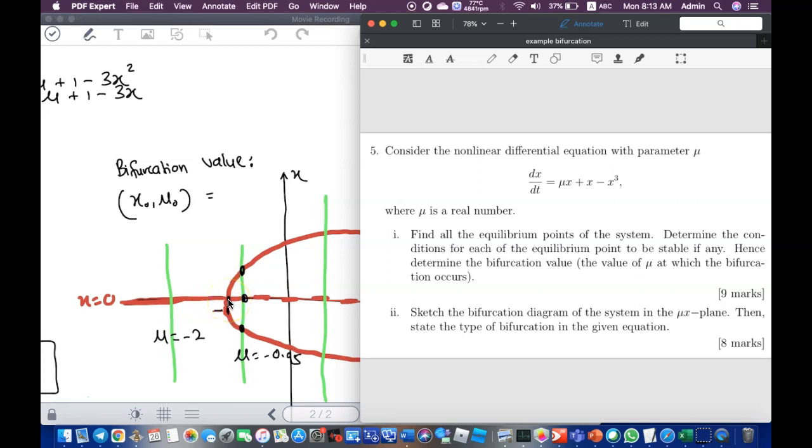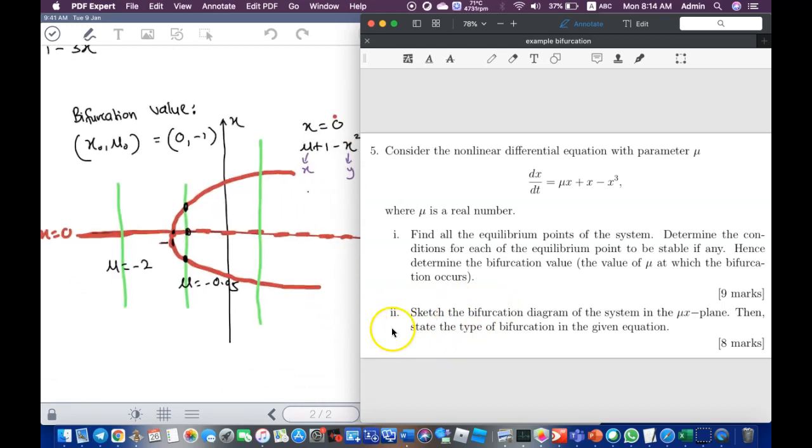Which is, X naught is 0 and mu naught is minus 1. X naught, mu naught: the value of mu at which the bifurcation occur. Okay, so then sketch the bifurcation. Then you done that.